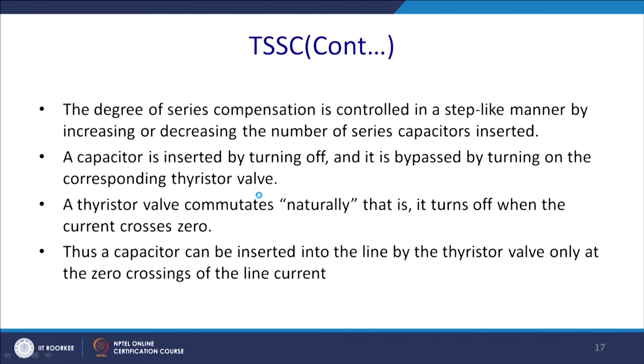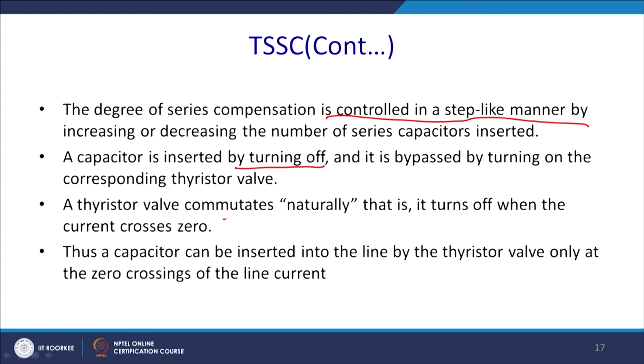The degree of series compensation is controlled in a step manner by increasing or decreasing the number of series capacitors inserted into the line. A capacitor is inserted by turning off, and it is bypassed by turning on the corresponding thyristor valve. So you change the current through the capacitor, and thus the voltage across it, by changing the delay angle.